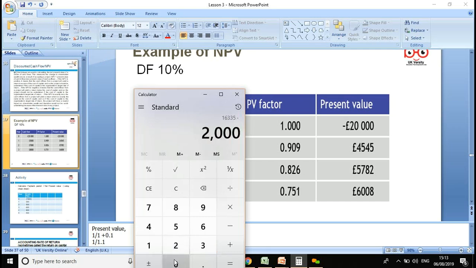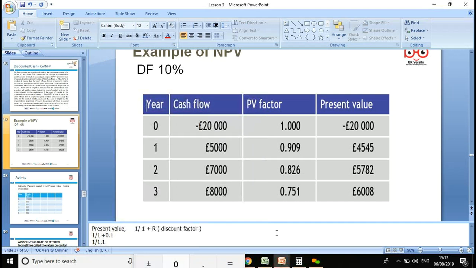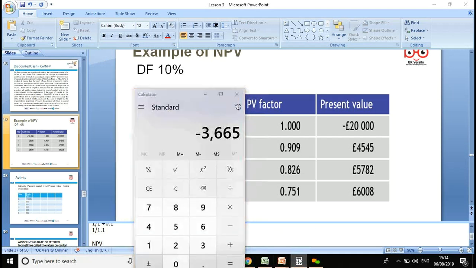And how much am I investing? 20,000. So my positive numbers are lower than the negative number, yes? So the negative number is higher. So NPV now is minus 3,606.